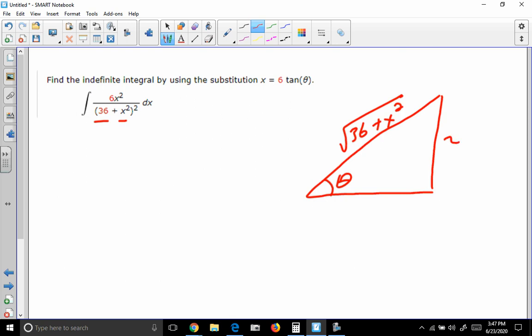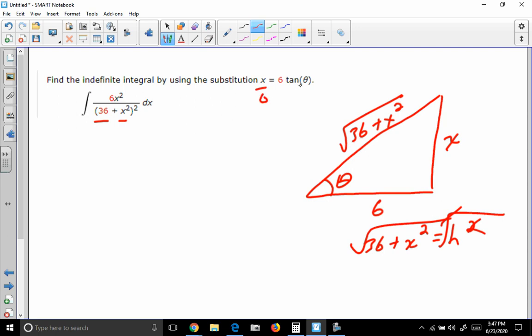I think generally we put the variable there and the constant there. Notice Pythagorean theorem: this side squared plus the other side squared equals the hypotenuse squared. So if we want the hypotenuse, square root of both sides. So yes, the hypotenuse is that square root.